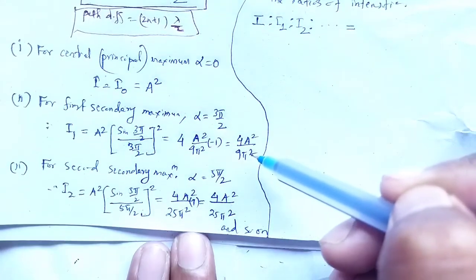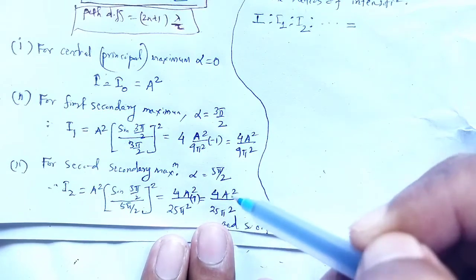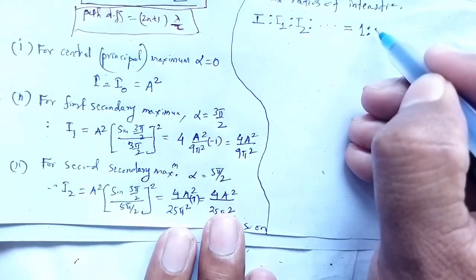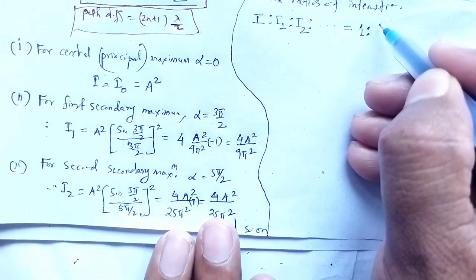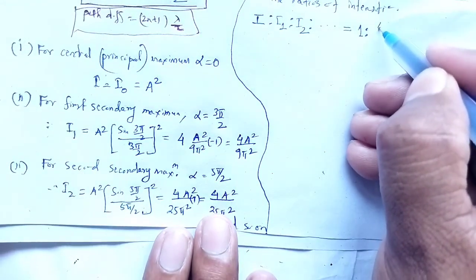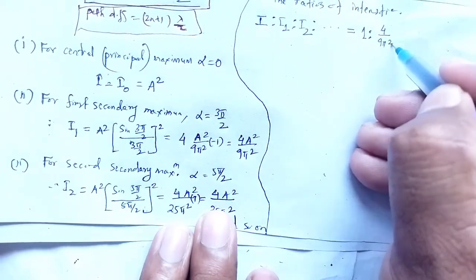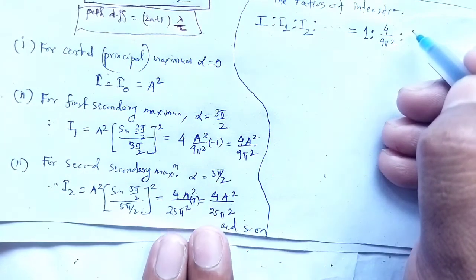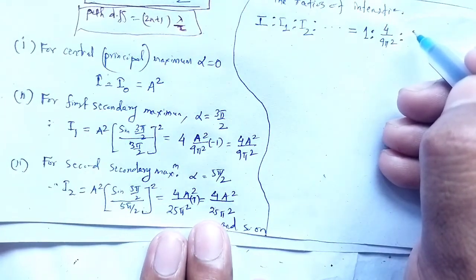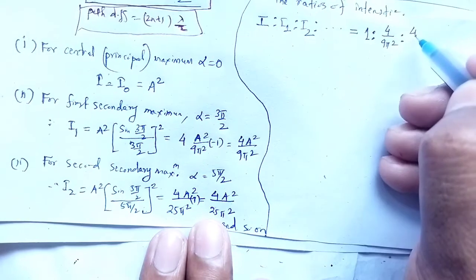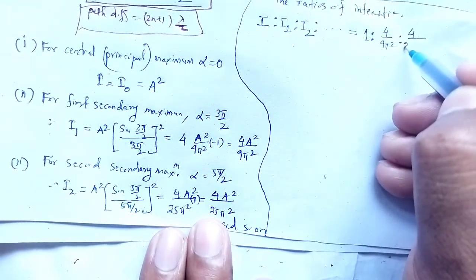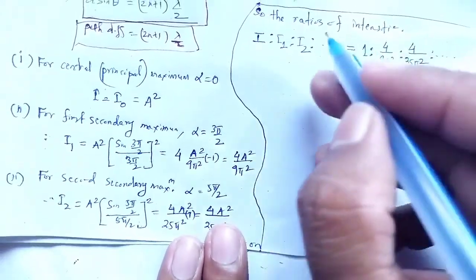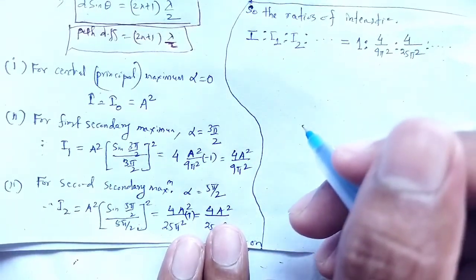Here a square cancels out, and we have 1 is to 4 by 9 pi square is to 4 divided by 25 pi square and so on. That will be the ratios of intensities.